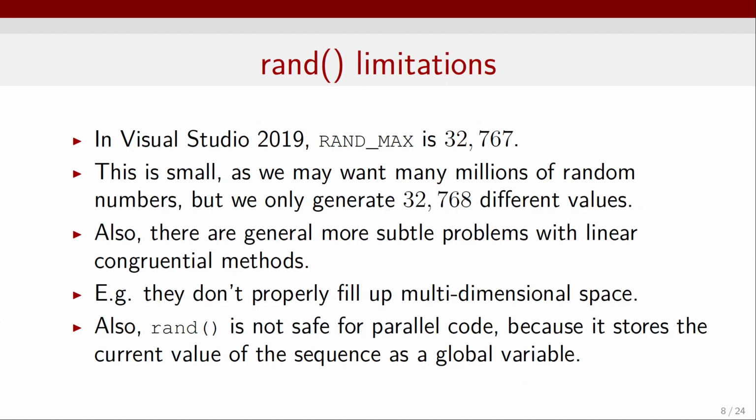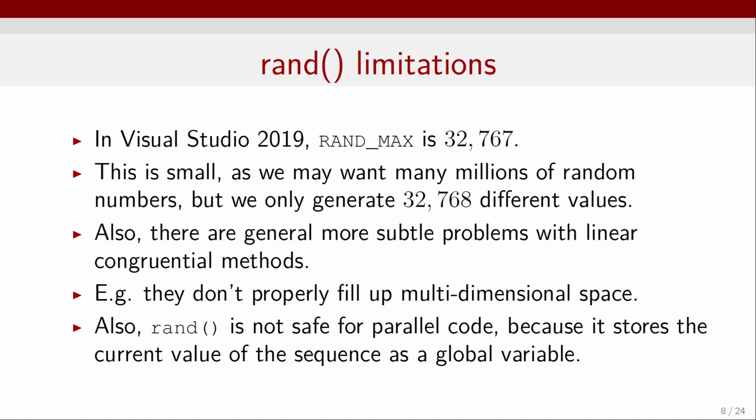There are some limitations to using rand. In Visual Studio, RAND_MAX is 32,767. This is a small number, as we may want many millions of random numbers, but we only generate 32,768 different values. That includes 0.